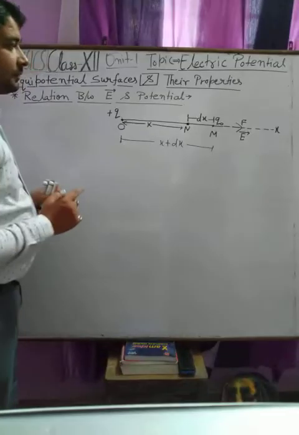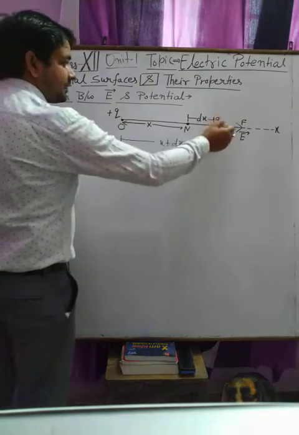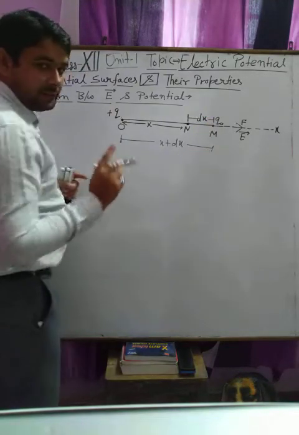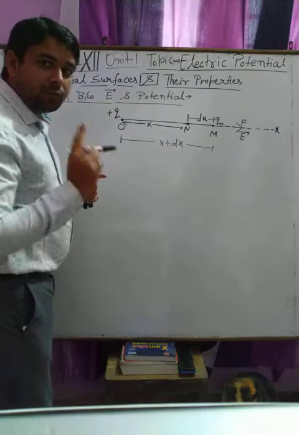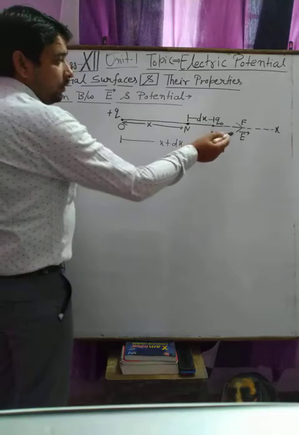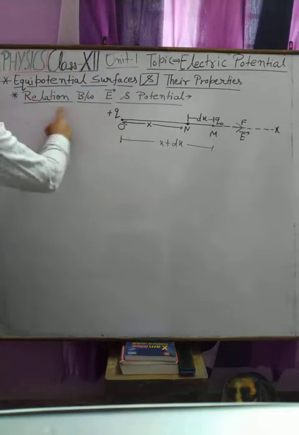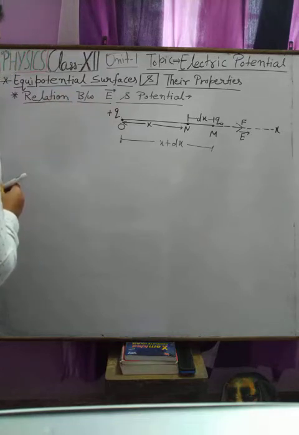Now, the force acting on the test charge at point M is the electrostatic force, and that force is a repulsive force also. Now we derive the relation between the electric field and potential.